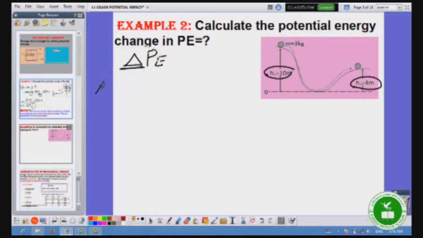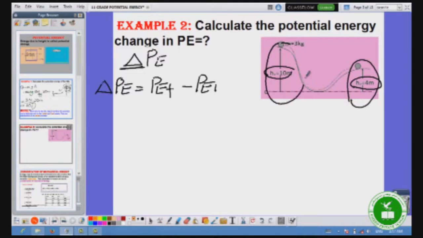So from here, delta PE is equal to final potential energy minus initial potential energy. Okay, final energy is energy here. Initial means energy of the object at this height.